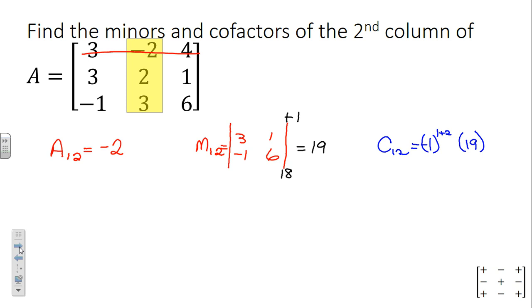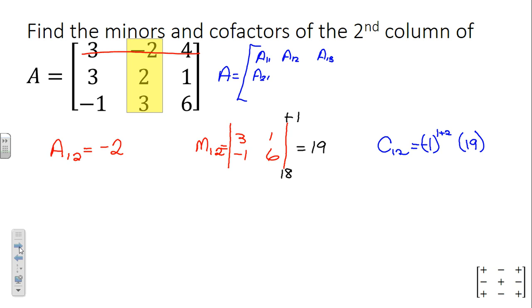Okay, this is just the element number. When we have a matrix A, we have a 1,1, a 1,2, a 1,3, and so forth. Okay, makes sense?